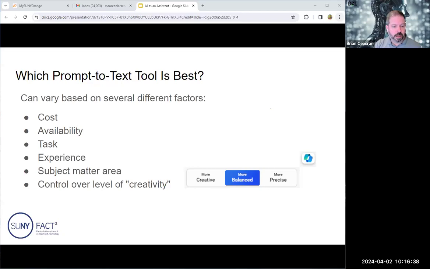There are different tasks that are better accomplished by different models. One task could be summarizing a document or summarizing content. One could be for question and answer.